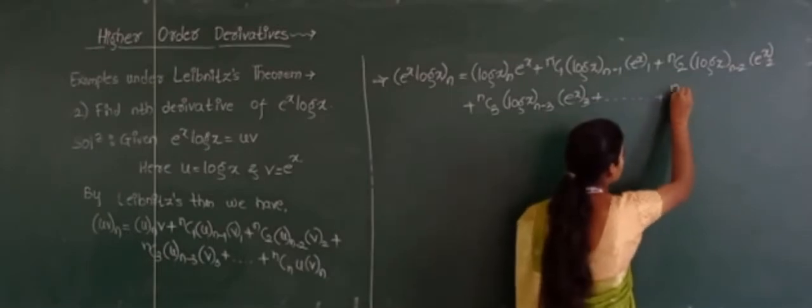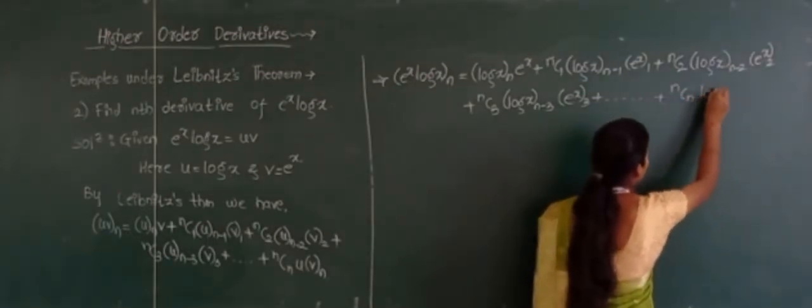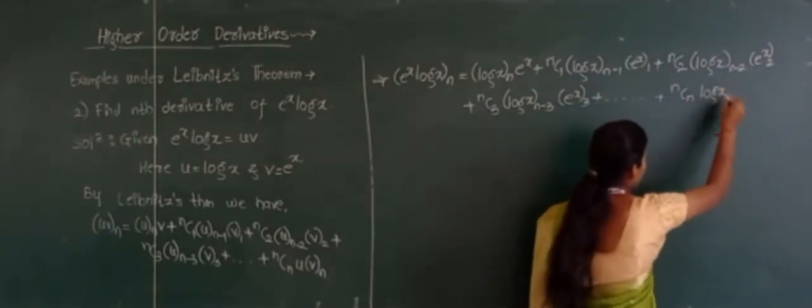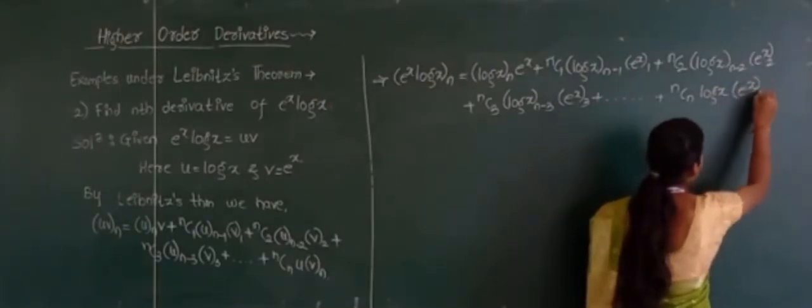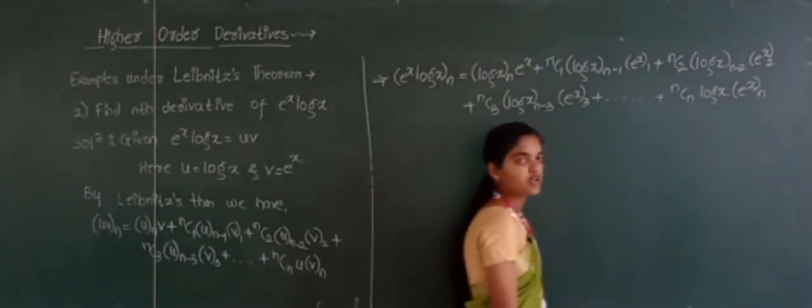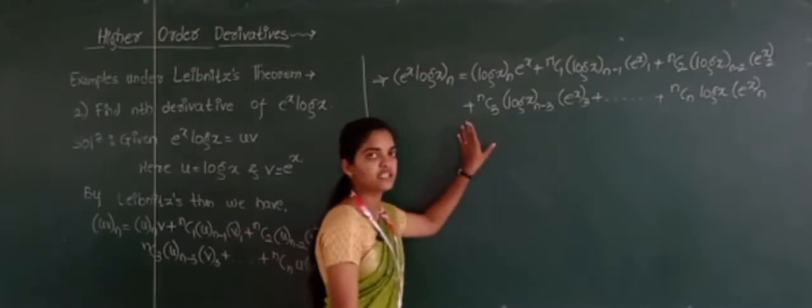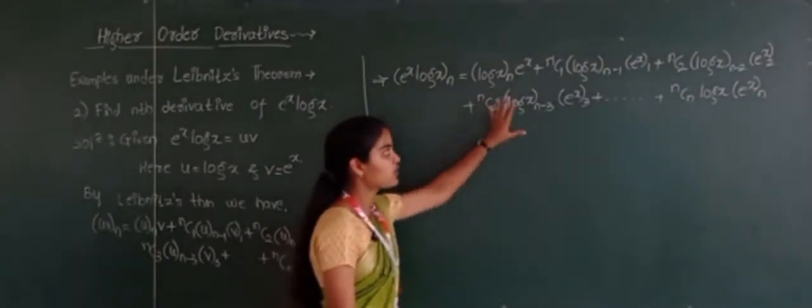Similarly, the last term is nCn log x as it is and nth derivative of e raised to x. So by using the Leibniz formula, we have got this.